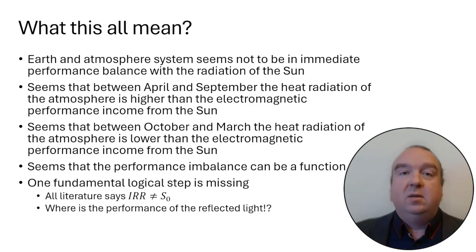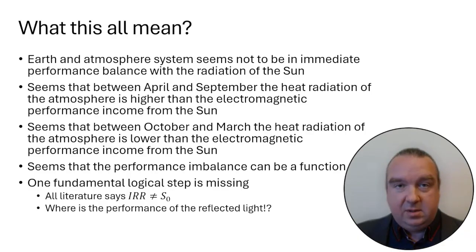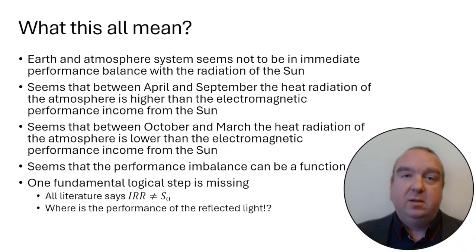Seems that this performance imbalance can be a function, although I don't know it yet. But one fundamental logical step is still missing, because all literature says that the available total solar irradiance we should not write simply in the performance balance equation.